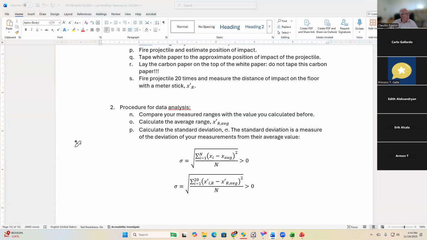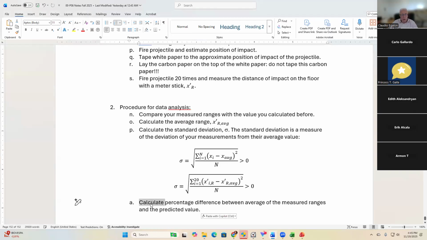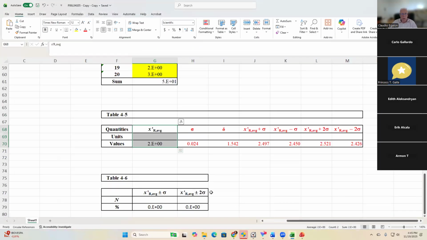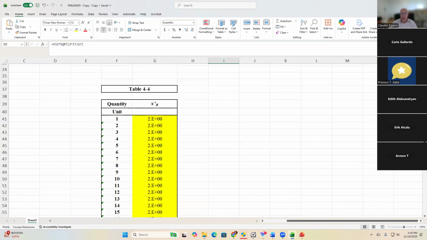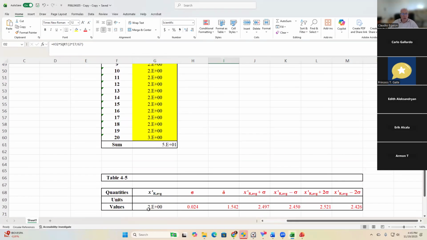Calculate the percentage difference between the average of the measured ranges and the predicted value. And what are you doing here? Here is the predicted value. Here is the average of the measurements.